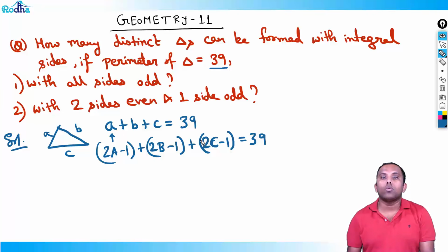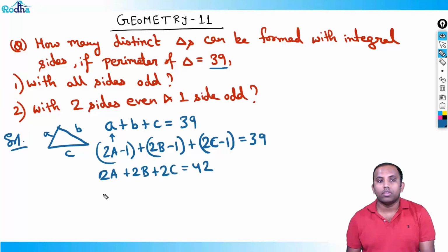That's how you make any number odd. So 2A minus 1 plus 2B minus 1 plus 2C minus 1 equals 39. So 2A plus 2B plus 2C is equal to 42. Therefore, A plus B plus C is equal to 21.